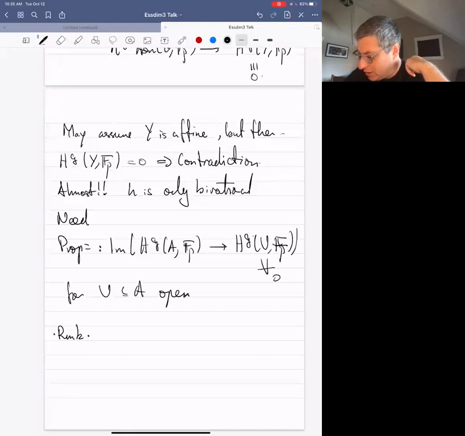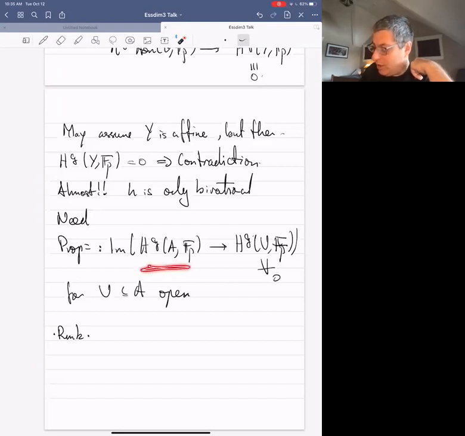Because what this is saying is you have classes here. In the case of an abelian variety, all these classes just come from classes with Z coefficients, right? So this is saying when you map those Z classes to the Z classes in U, something like they don't become divisible by P, okay? And it's a statement which is a little bit subtle.